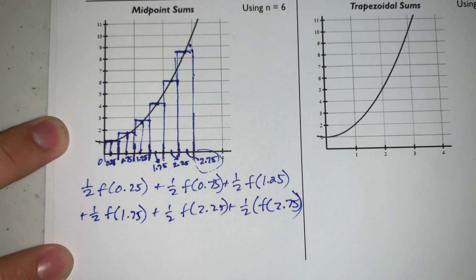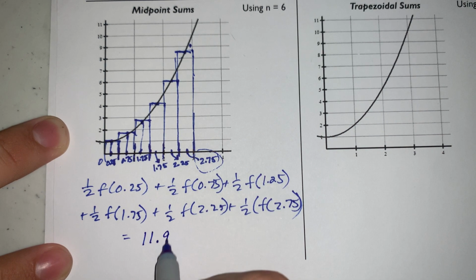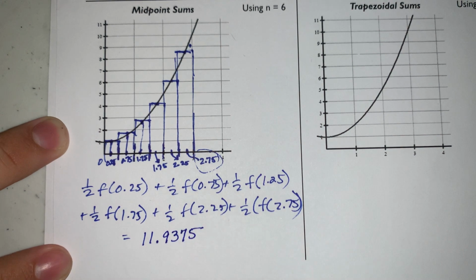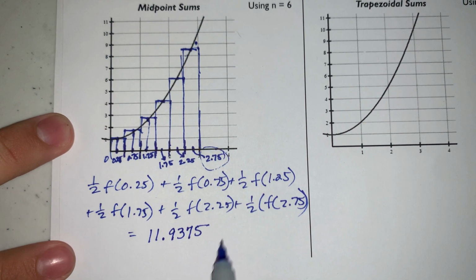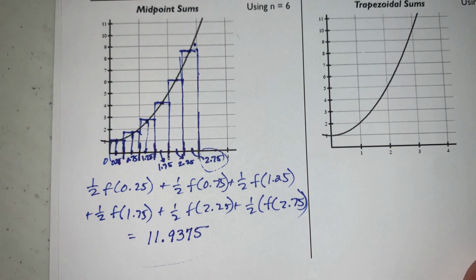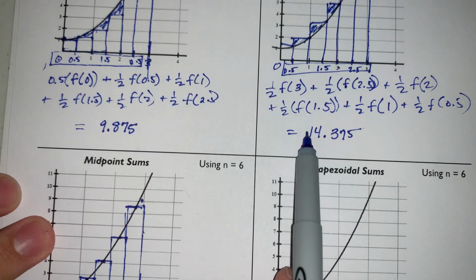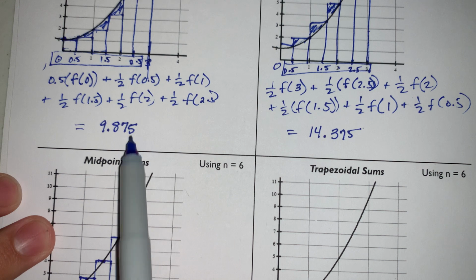There's my extra parentheses for some reason again. All right. Now, if you calculate all of that, you should have gotten 11.9375. So I think this is getting pretty close to what the real area is under the curve. Here we went a little bit overboard. Here we fell a little bit short.